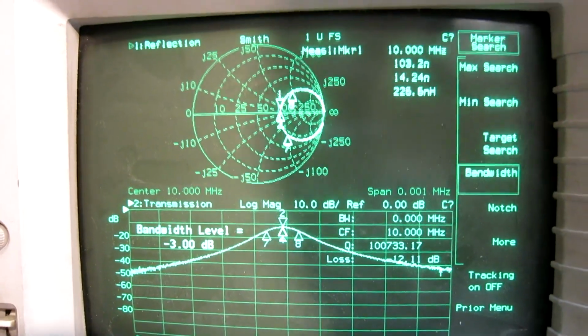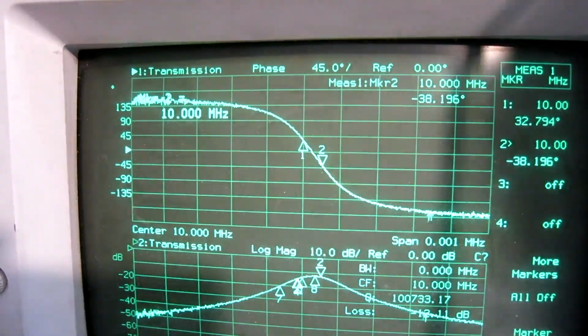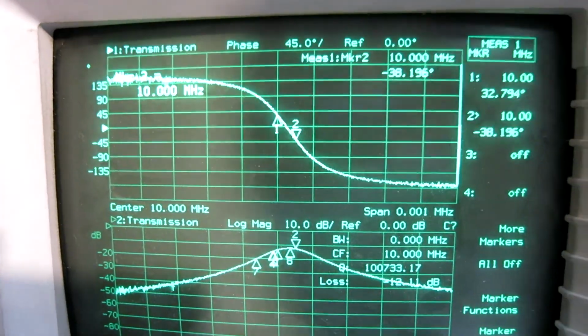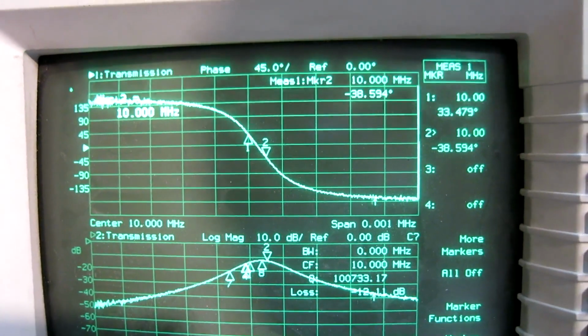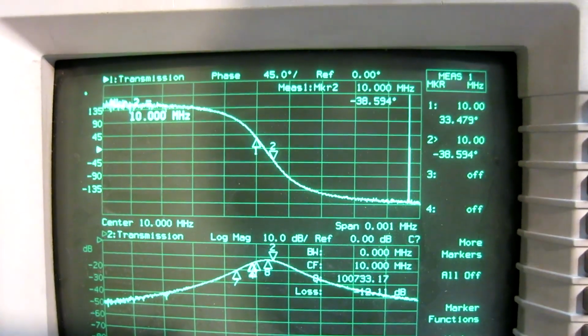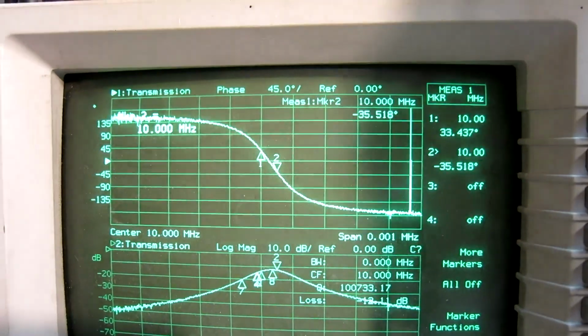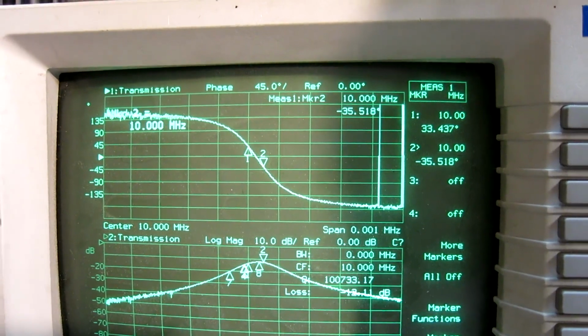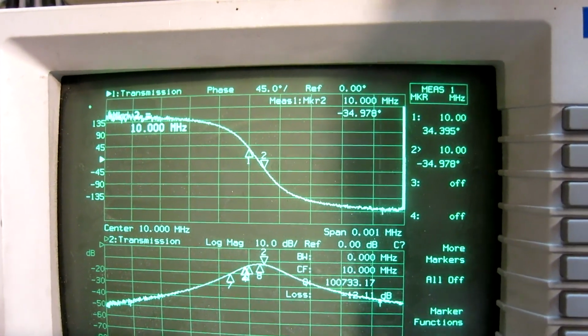So, and then I look at the phase derivative. So it now goes from 33 to minus 38 in 50 Hertz, or maybe 33 to minus 35 in 50 Hertz.